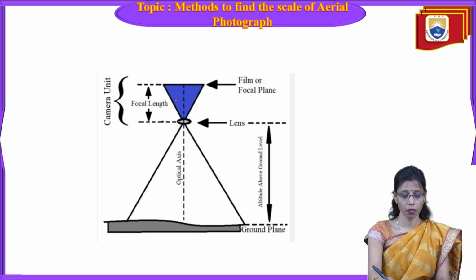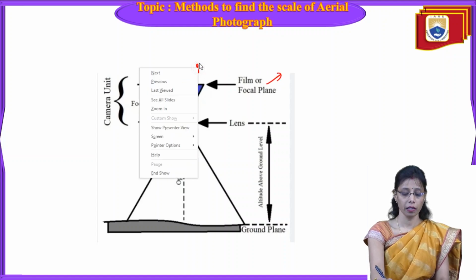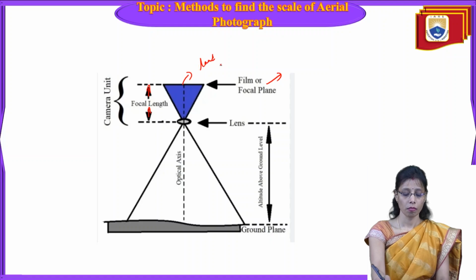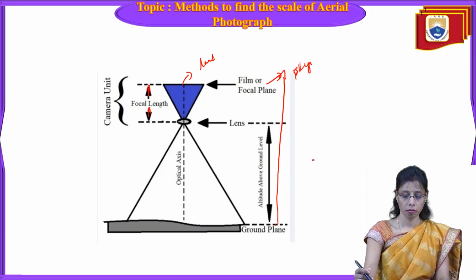Now here you can see the focal length of the camera. This is what I was talking about, the focal length. So film or focal plane. So here is your plane, and this is the flying height.